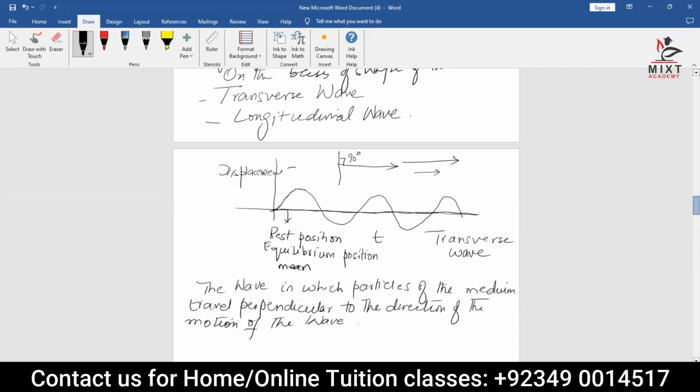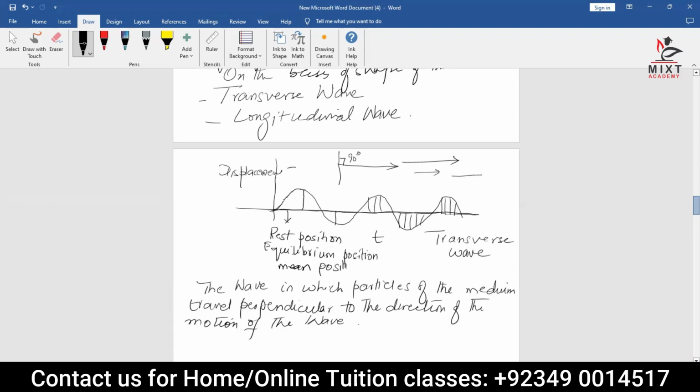It is propagating this way. But particles are going perpendicular from the position that we call rest position. The motion of the wave is on the right hand side. It will continue on the right hand side like this. But the particle is going up and down from the rest position or equilibrium position or from the mean position.